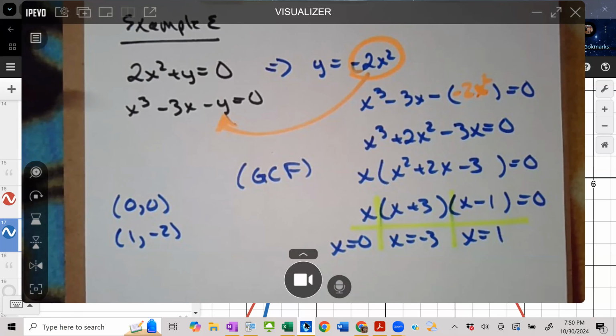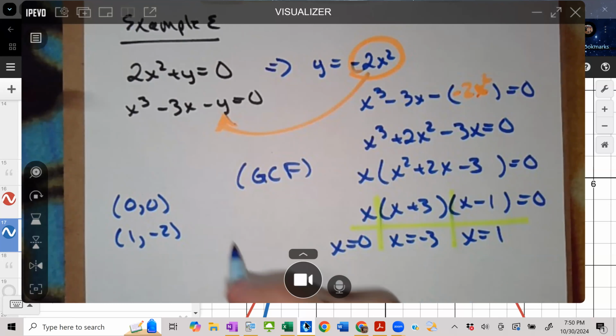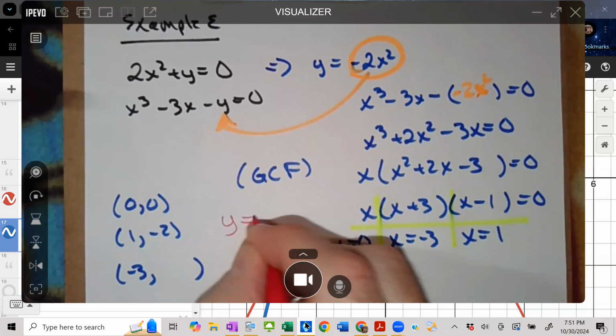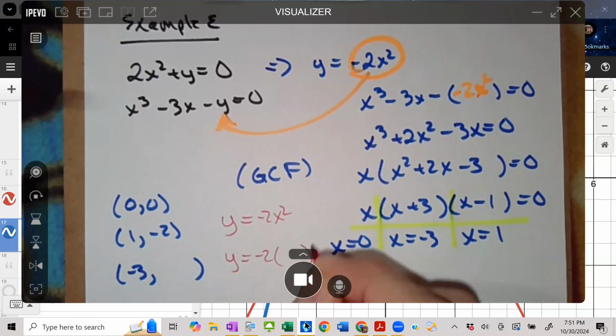And for the last one here, we've got to be a little bit careful. So let me actually show that out here. When x is -3, let's see what happens with our y value. So y equals -2x squared. y equals -2 times -3 squared. Notice that I'm plugging this in with parentheses.